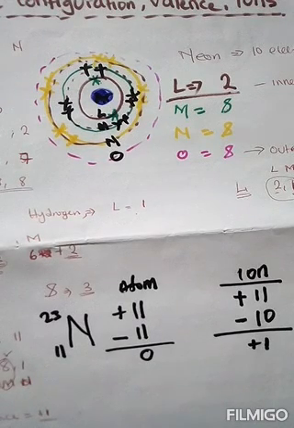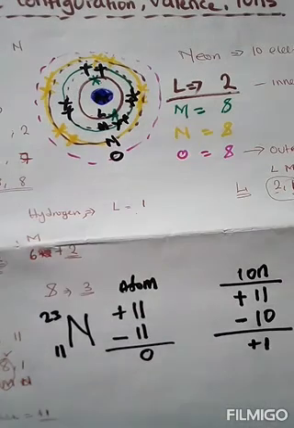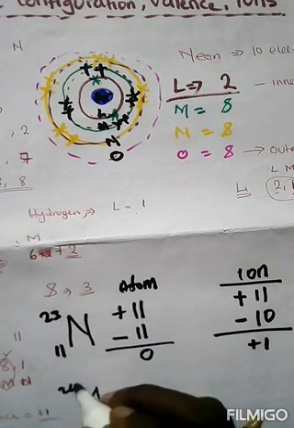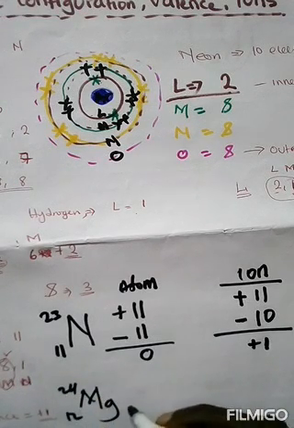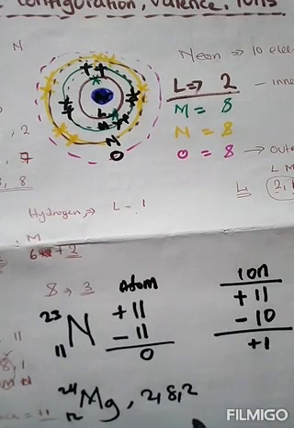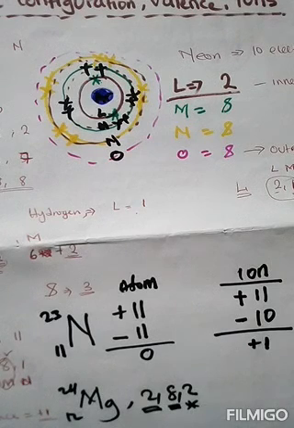So this is simple. If you are losing, you have a positive charge. If you are gaining, you have a negative charge. We'll know how. Let's say, for instance, magnesium. Magnesium is Mg, 24 here, then 12. The electron configuration for magnesium is 2, 8, 2. The first shells are fully filled, but the last is not. So what can magnesium do?